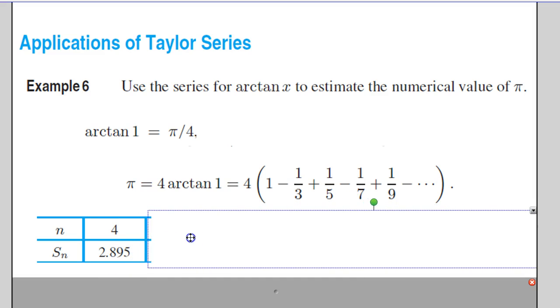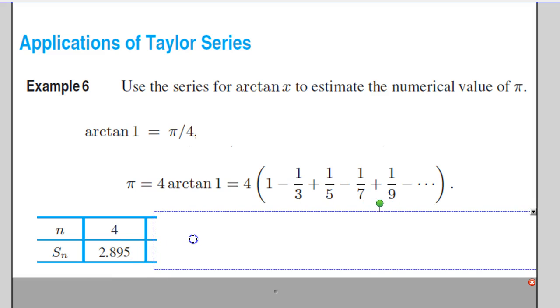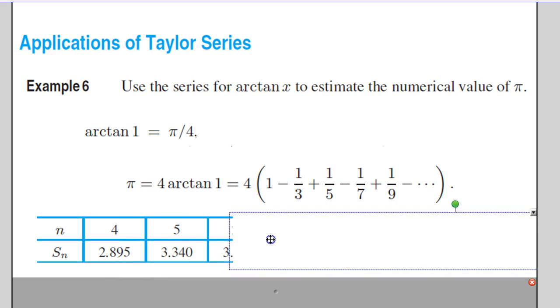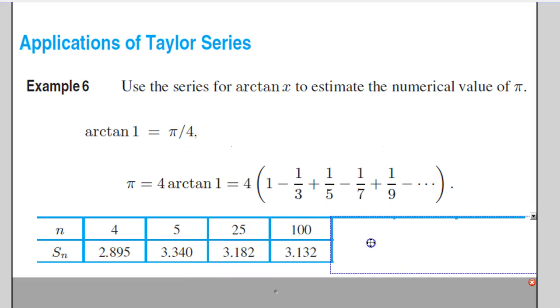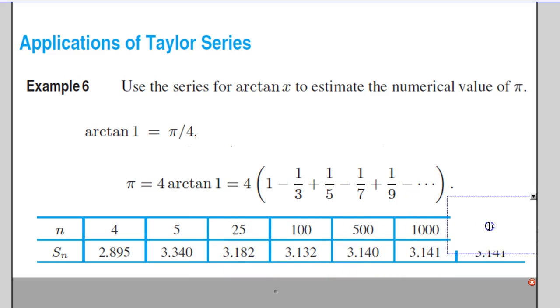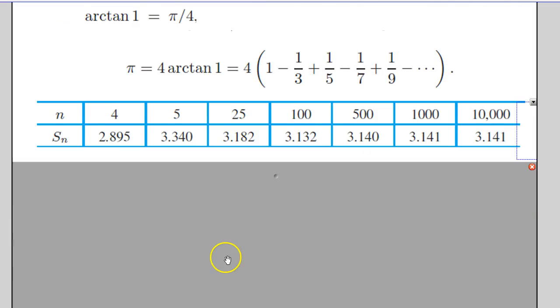So for n equals 4, we get this is our S sub n, n equals 5. It's increasing very slowly, but as we get all the way to 1,000, we start seeing 3.141, 10,000, 3.141. So we can start estimating pi based off the arctangent. Cool, isn't it?